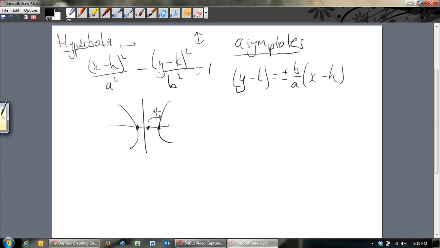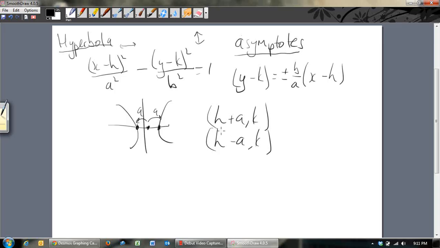So one turning point will be h plus a. The other will be h minus a. So there will be your two turning points for any hyperbola.